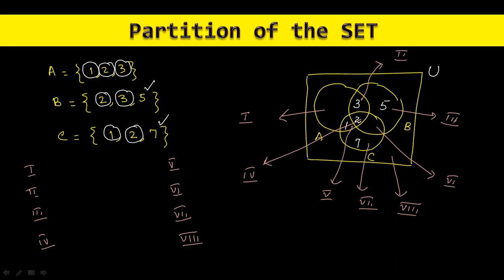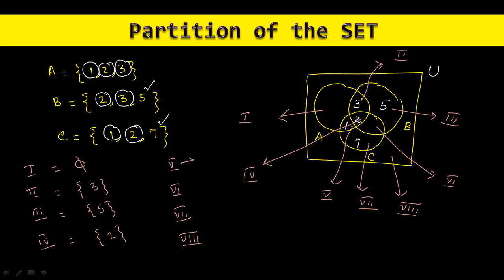If I am talking about partition number 1, it is empty. Then partition number 2 in this diagram is only 3. And partition number 3 is only 5. You can write the elements easily. What about partition number 4? Partition number 4 comprises 2 only.